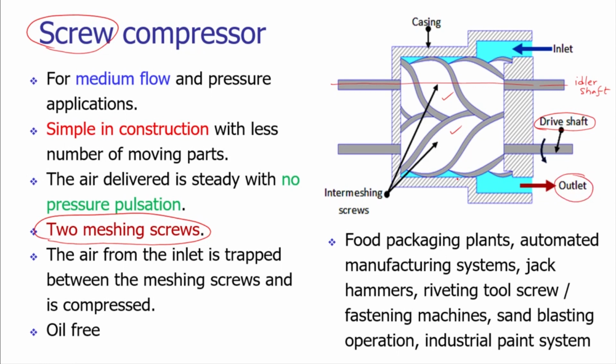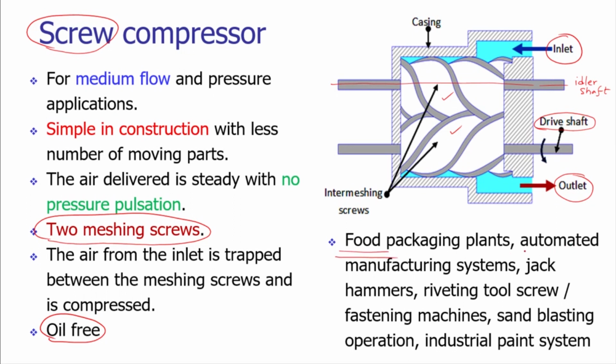During the opening of the meshing, there is a decrease in the pressure, and due to that decrease in the pressure, the ambient air will be taken inside through the inlet valve. This process is oil free, so that's why it is utilized for the food industry.